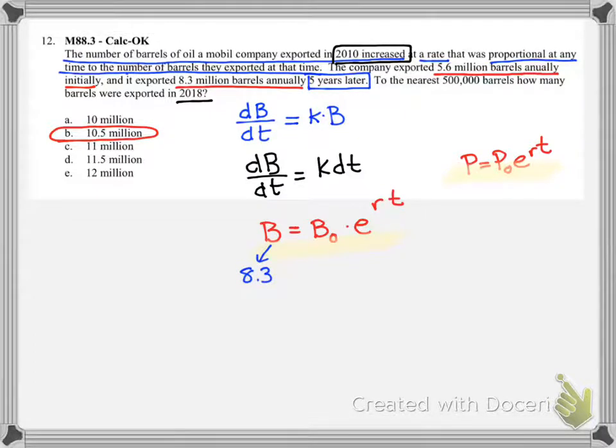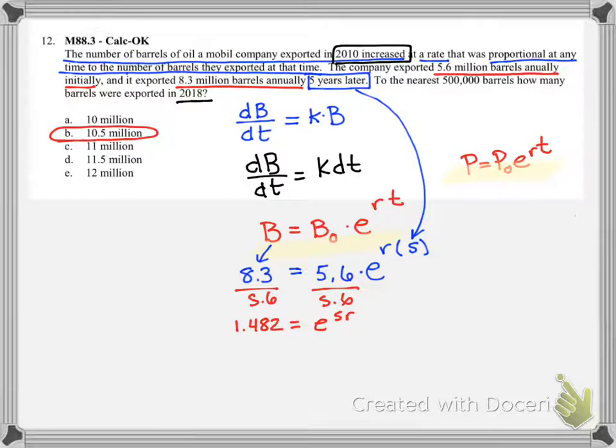That's our final amount, and our initial amount was 5.6 million barrels times e to some rate that we don't know about, but we do know that it took 5 years to accomplish this. So as we solve this, we'll divide by 5.6. After we divide, we get 1.482.